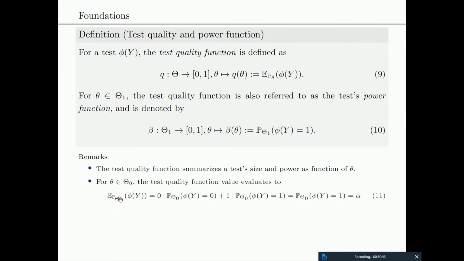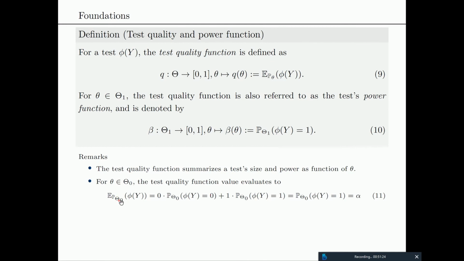That's fairly straightforward. If you think in terms of a function of theta about the expected value of a test, the test can only have the outcome 1 or 0. 0 is associated with the probability of the test coming out 0, and 1 as the test outcome is associated with the event that the test comes out 1.